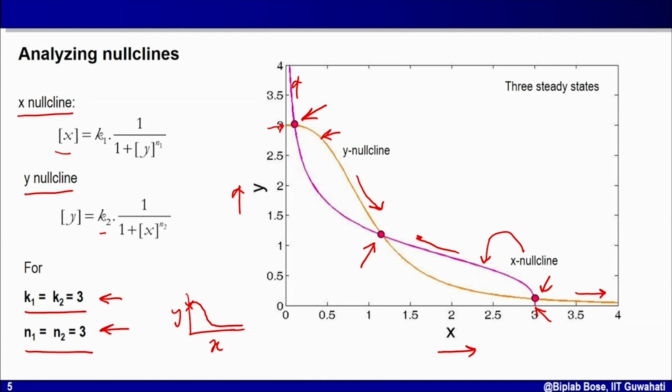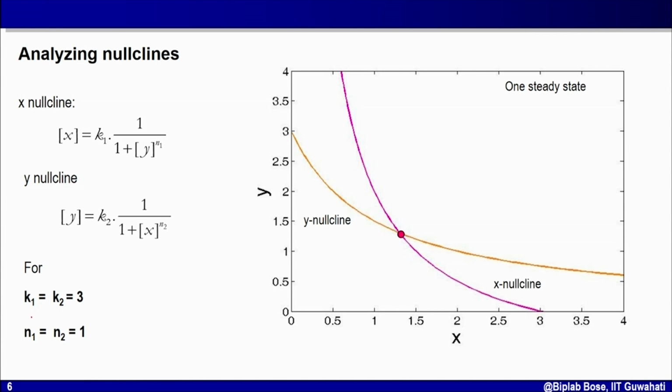Now let us change the values of k1, k2 and n1, n2 to see what happens to these steady states. What I have done here, I have kept k1, k2 equal to 3, but I have changed n1, n2 to 1.